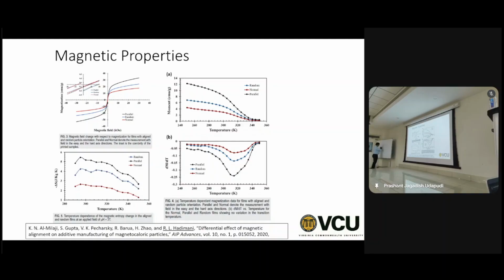This is the x-axis, or we call it the a-axis, right? This is the b-axis, and this is the c-axis of the crystal, right?